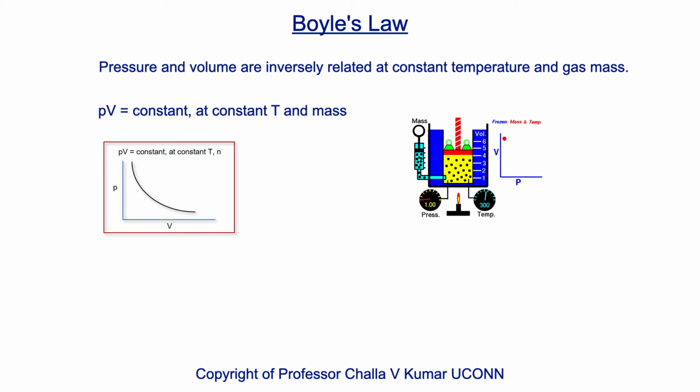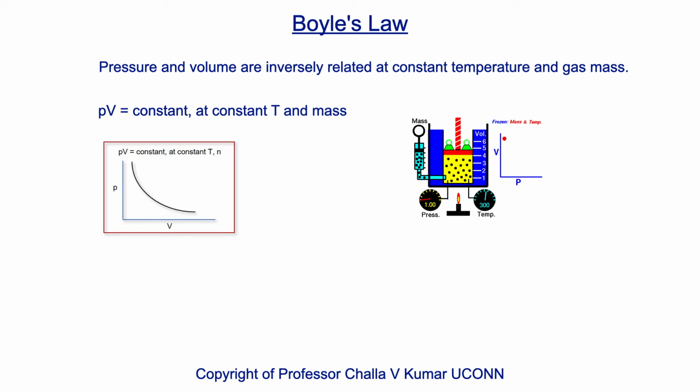What is this showing? It shows that there is a gas sample in a cylinder with a piston, and this is immersed in a blue bath. And the bath temperature is kept constant with the flame underneath. And there is a temperature gauge that determines the temperature of the sample.